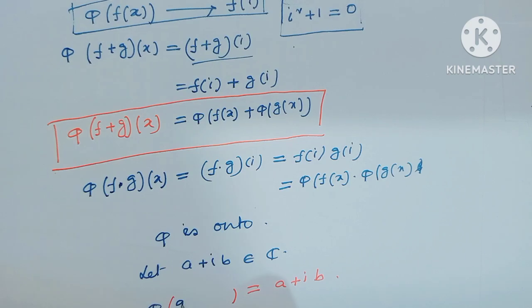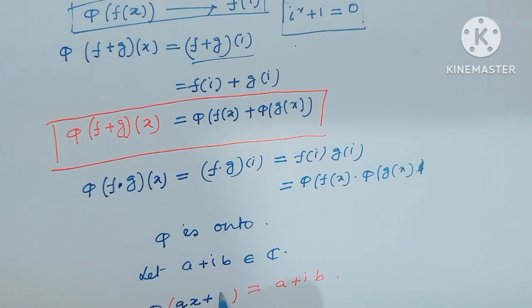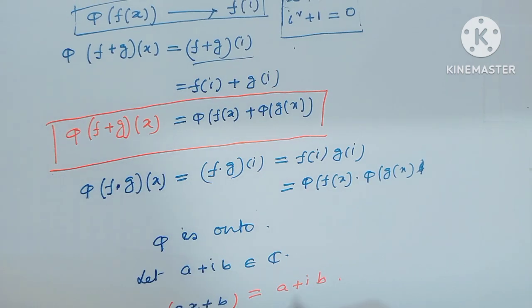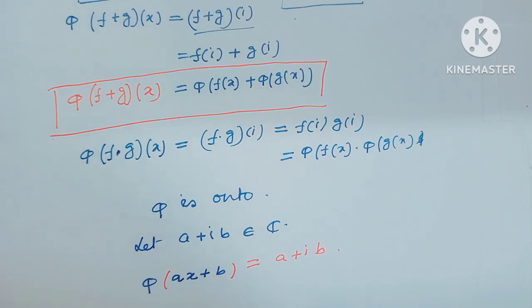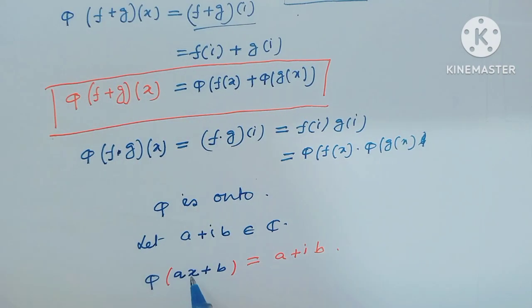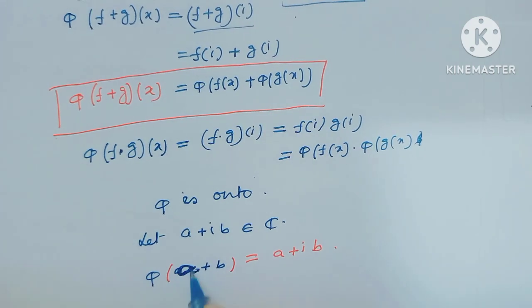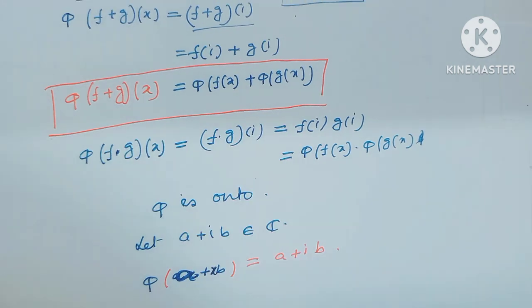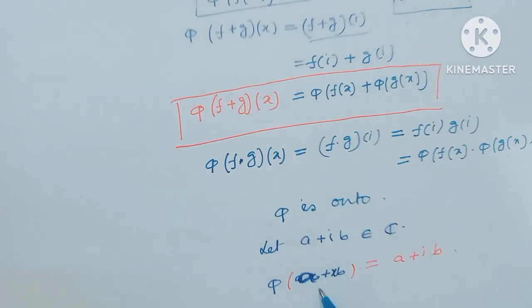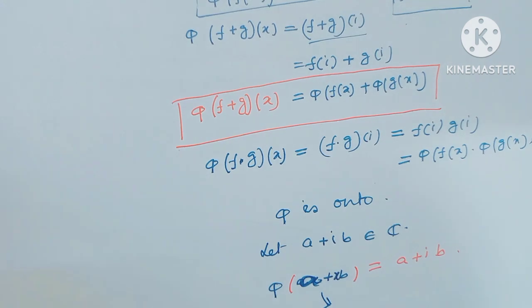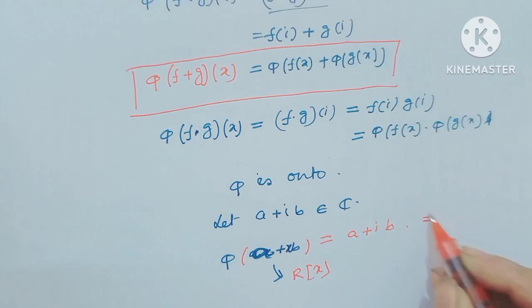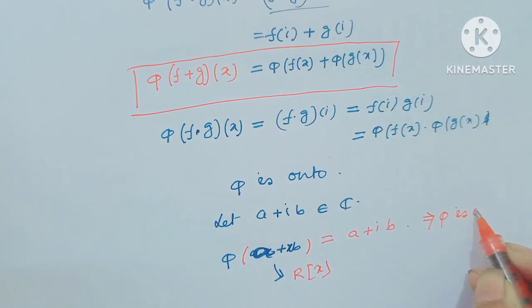The polynomial looks like a + xb, because if you put i, then this would be a + ib. And this a + xb belongs to R[x]. That implies φ is onto.